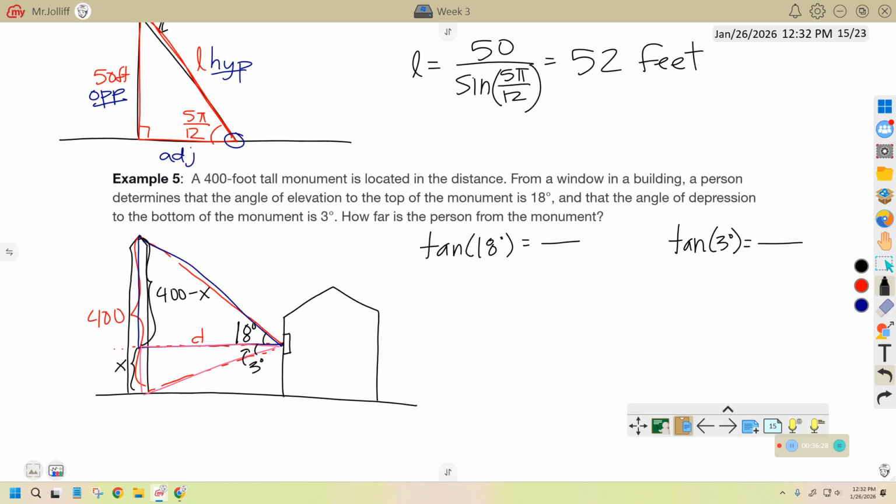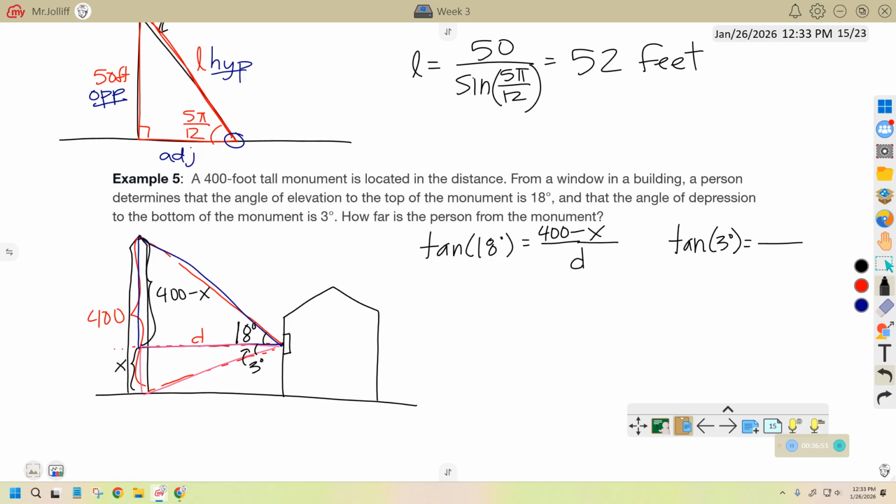18 is the top triangle. That's me looking up at the top of the monument. My opposite side is 400 minus x. My adjacent is d. Did I do that correctly? I think I did.